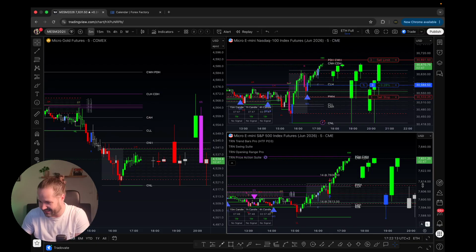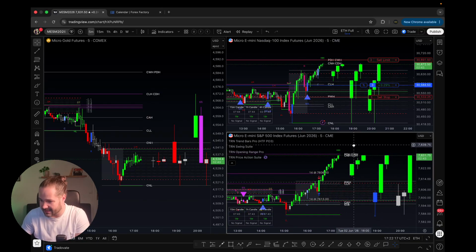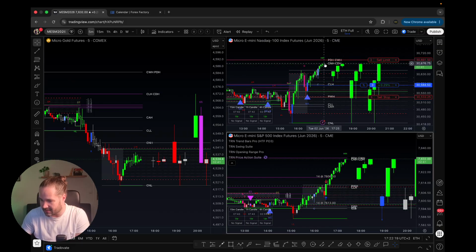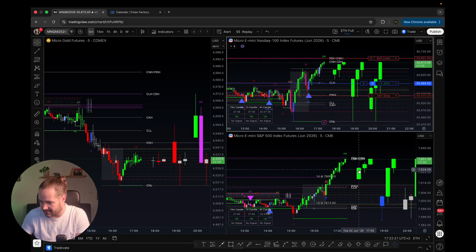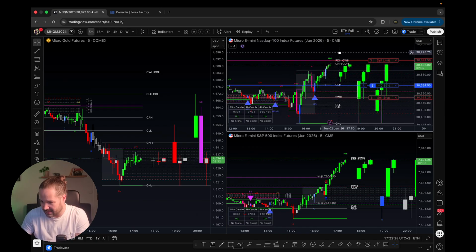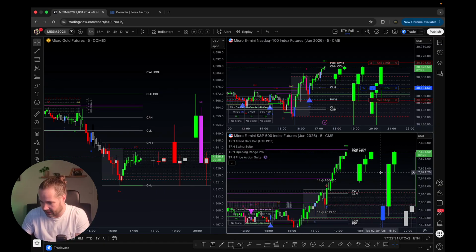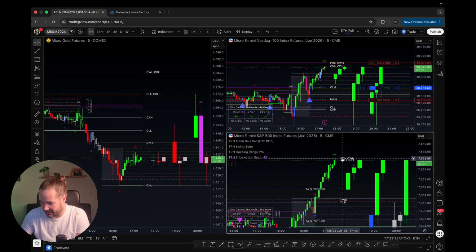I think I'm on the right side here in this case. But what's with NQ? So, why are you not moving higher? Come on, bro. Just a few ticks. Look at ES. ES is pushing. We are very close. Come on, NQ.